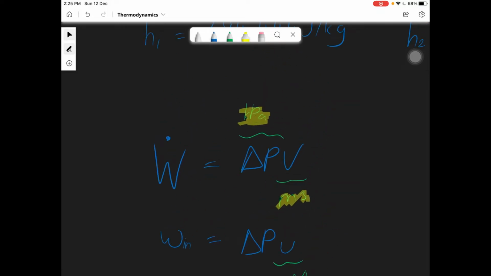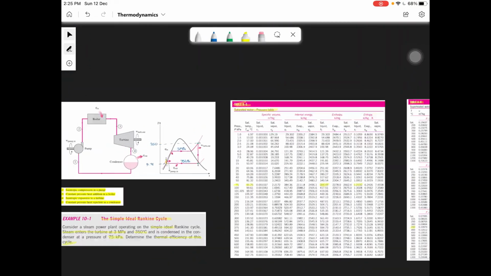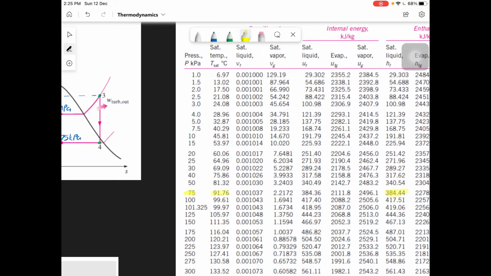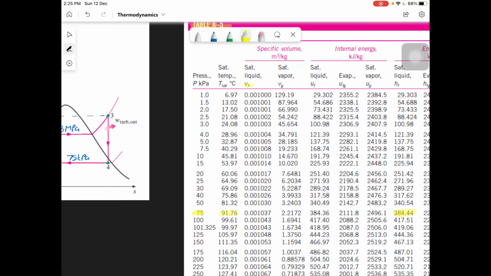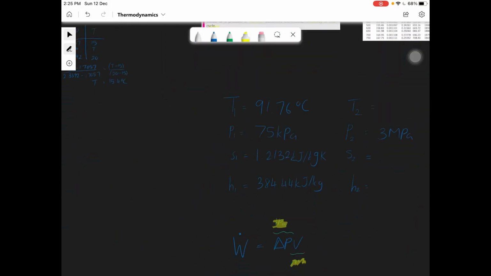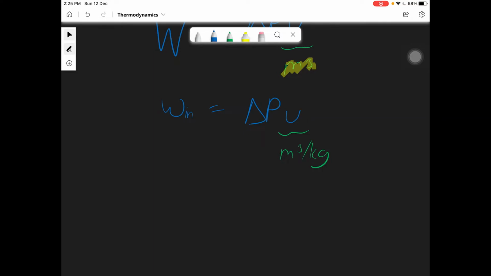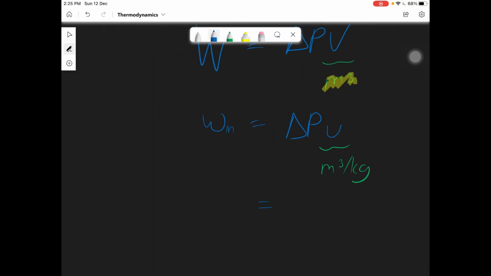So to find specific volume, we go to table A5 at 75 kilopascal, over here, VF, saturated liquid VF, 0.001037, and the unit is meter cube per kilogram. We substitute it into this equation here. So delta P will be 3000 kilopascals minus 75.